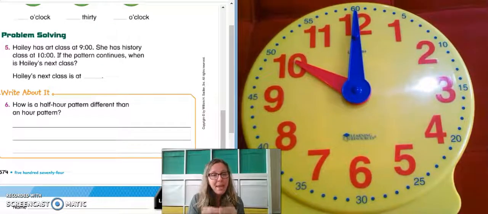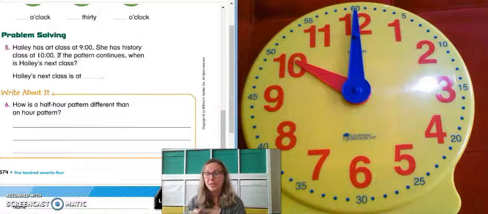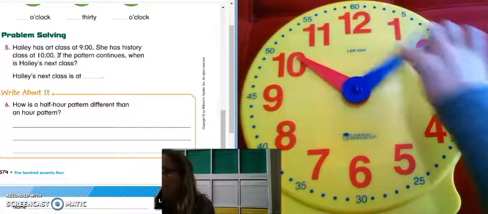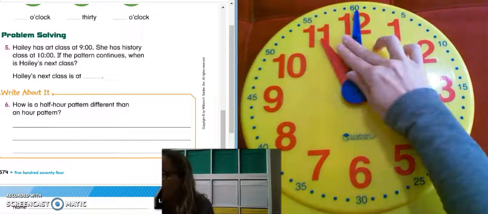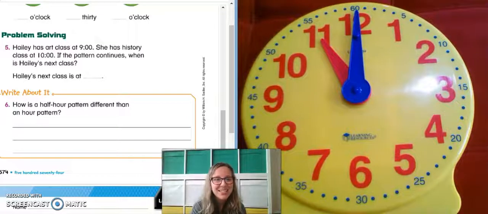If the pattern continues, when is Haley's next class? Okay, so if we're looking at an hour later pattern, let's make our clock go a whole hour later. Her next class would be 11 o'clock. Excellent. So right here on the line, go ahead and write 11 o'clock.